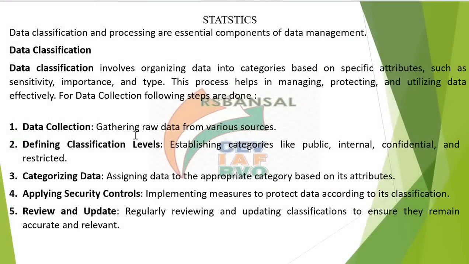Next, you have to define the classification level. Means you have to classify according to the level, whether it is public data, internal data of a company, confidential data of a company, or restricted data which is to be used by certain persons only.